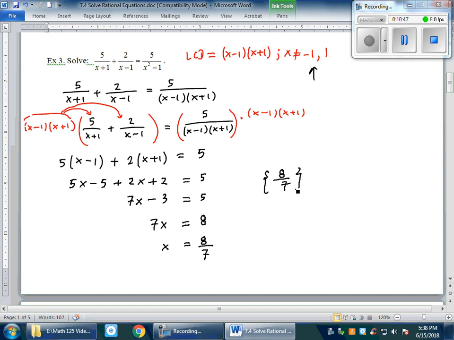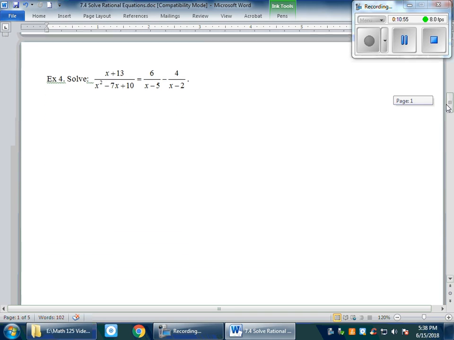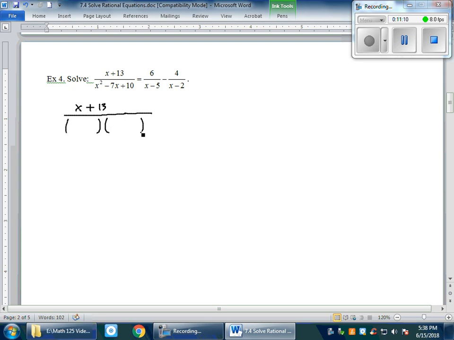So continuing, next example. To get my least common denominator, I'm going to have to factor the denominators completely on the left-hand side of the equation. So this gives us x minus 5, x minus 2, so 6 over x minus 5 minus 4 over x minus 2.